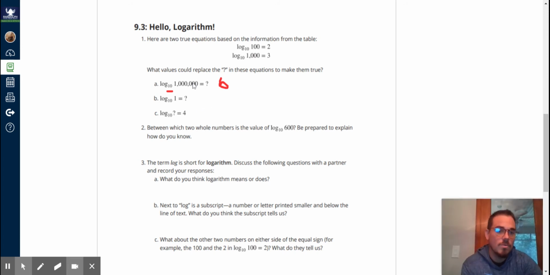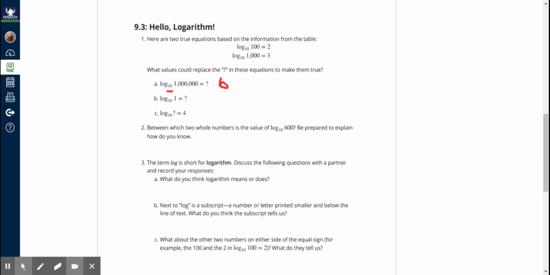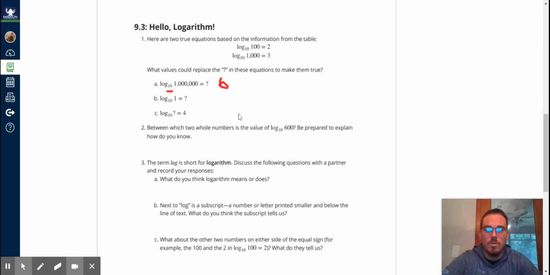Okay, so all log functions give me log base 10. I think there is a way to change that. We'll talk more about that later. Anyway, so you could type in log of a million and it will give you 6 for your answer.